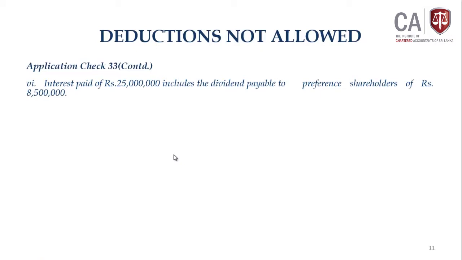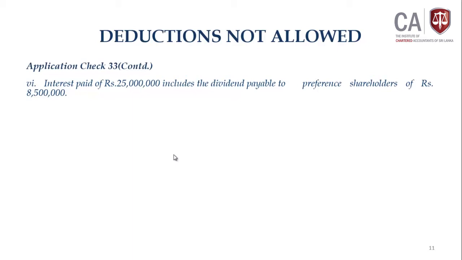Interest paid of 25,000 includes dividend payable to the preference shareholder 8,500,000. The interests are allowable anyway, but normally interest payable to the preference shareholder, under the accounting standard, you have to classify as interest, no. But though it is interest, it is a dividend by definition.